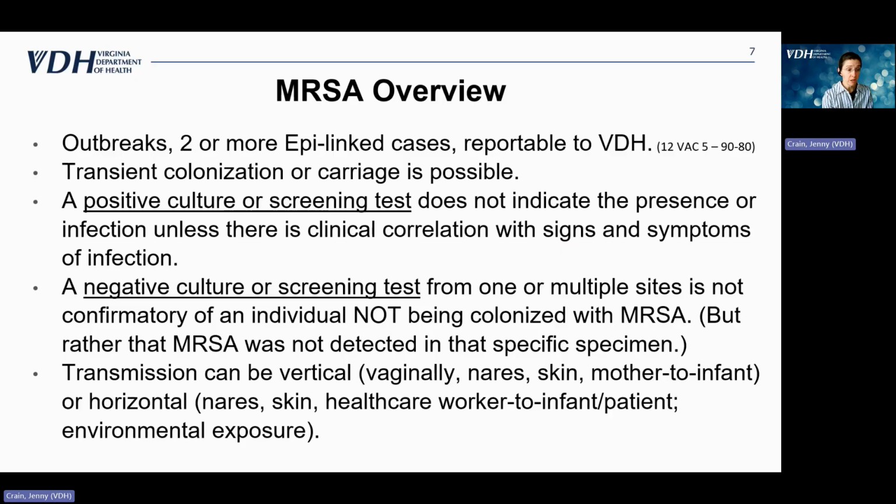It could also be a visitor or a family member in a NICU, for example, to the patient, as well as environmental exposure. We know that Staph aureus, as well as other healthcare-associated pathogens, can persist in the environment as well, and that is considered horizontal transmission.